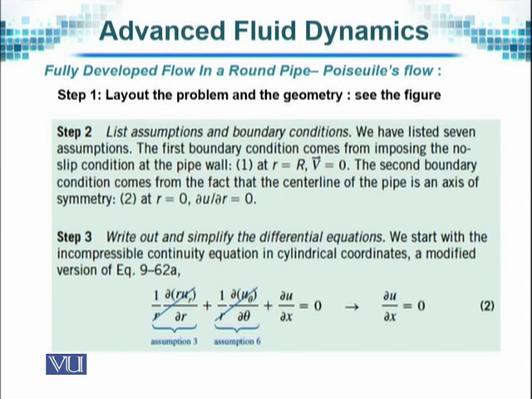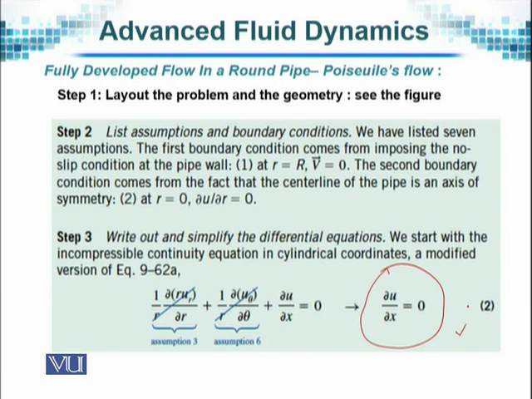Substituting the values into the continuity equation written in cylindrical coordinates, since u_r is 0 and u theta is 0, they don't contribute anything in the continuity equation, and the only non-zero term is this one.